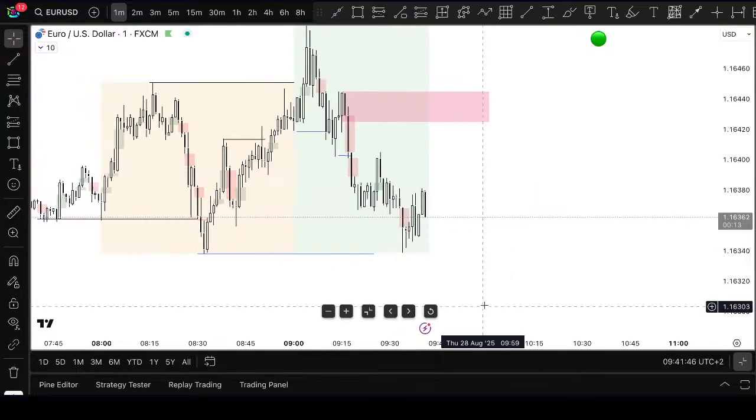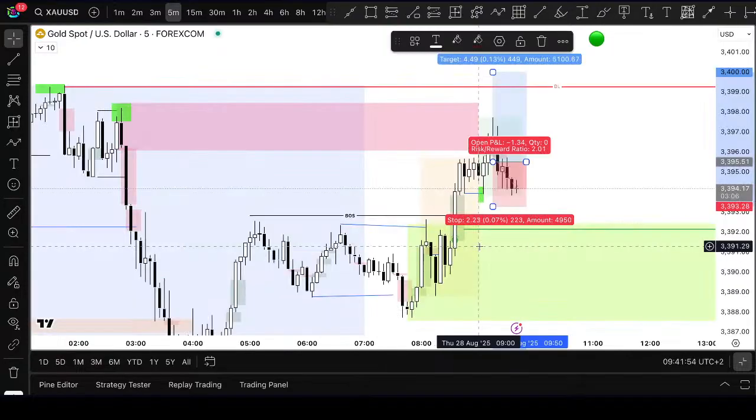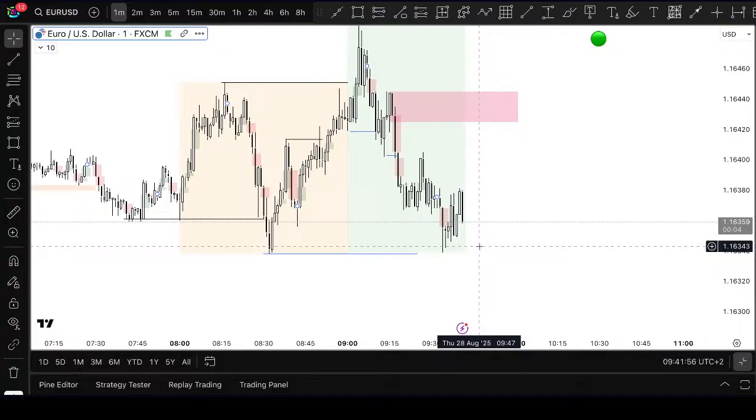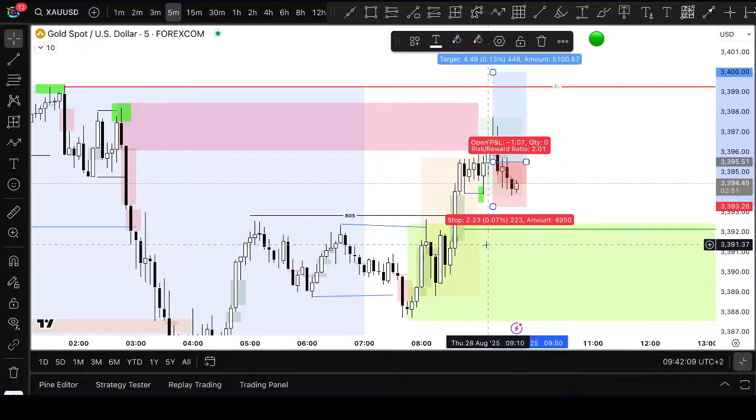It just broke this. For me, ideally, I want to look at USDJPY and stuff, but yeah, the gold is starting to move now.